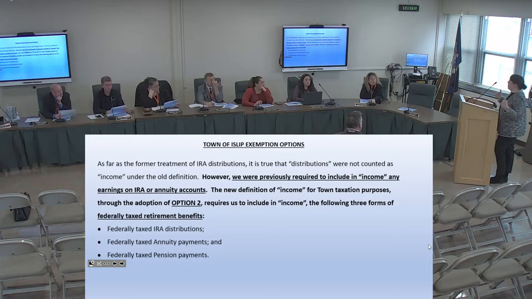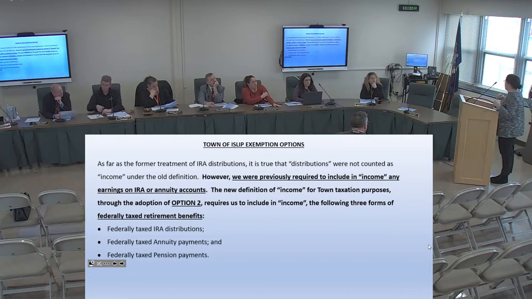What nothing would mean is that there is a guaranteed shift that will occur from those people who are granted the exemption to all other taxpayers, because the assessor will not be able to include the federally taxed IRA distributions, whereas we are obligated to include the federally taxed pension payments. So we would absolutely not be allowed to include that information.